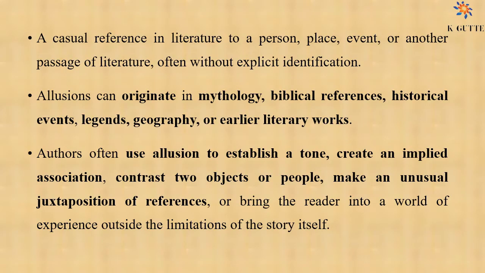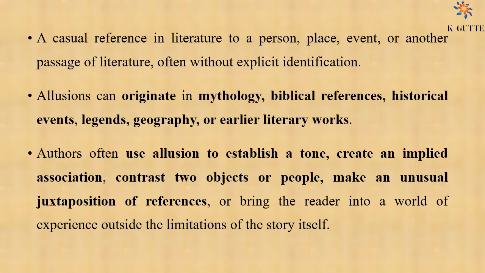So allusion is a casual reference in literature to a person, place, event, or another passage of literature, often without explicit identification. Allusion can originate in mythology, biblical references, historical events, legends, geography, or earlier literary works.